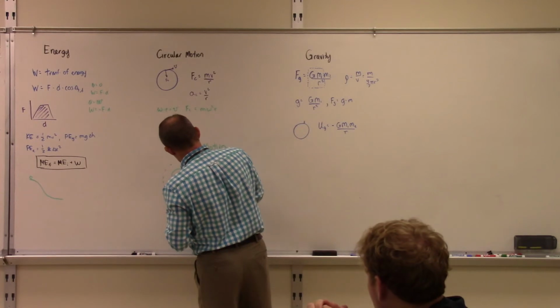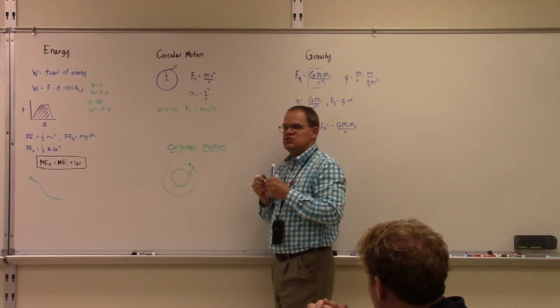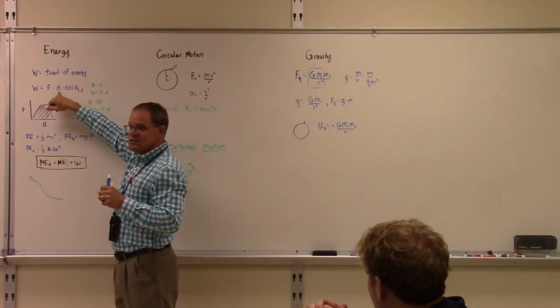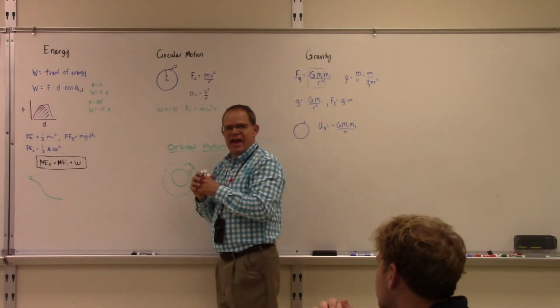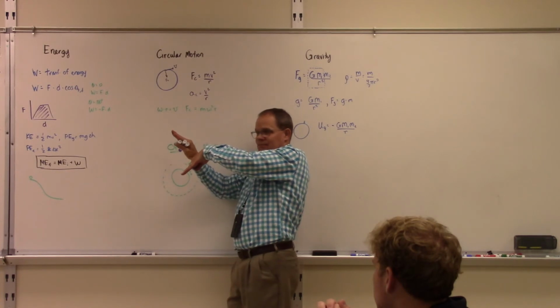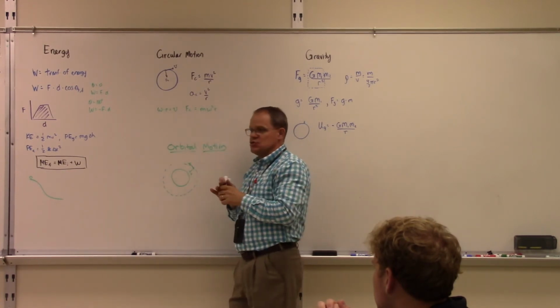The velocity is going this way, the force is going that way. How much work does that force do? Well, work is force times distance times cosine of theta. What's theta? What's the angle between the force and the distance it's moving? 90. Cosine of 90 is 0. Centripetal forces do no work.